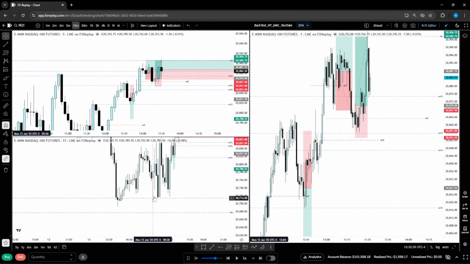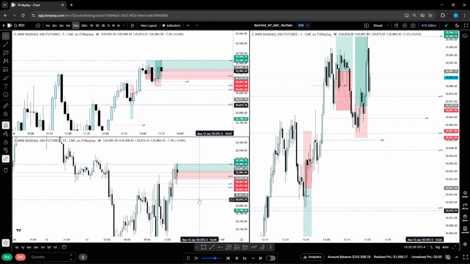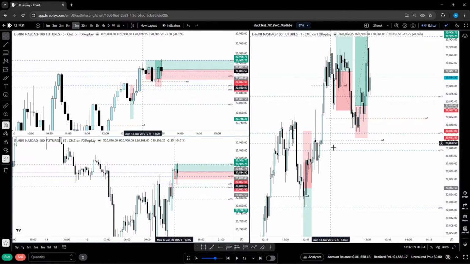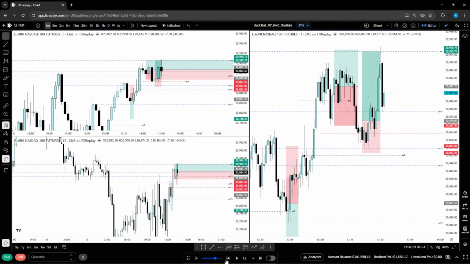Looks like we're accumulating here, so whether the accumulation is over or not is yet to be seen. This is another 15 minute level that we haven't tested yet, so maybe we're gonna go down, test this level.